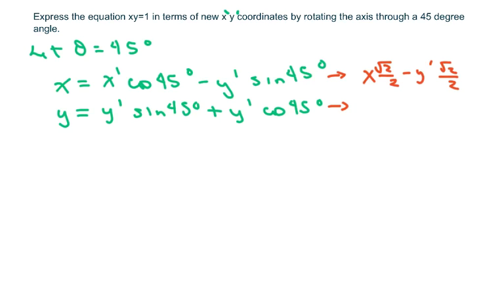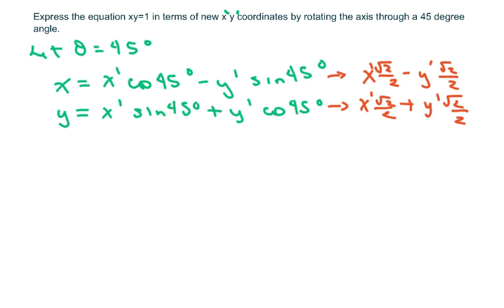And y will be the same thing but with a plus: x prime square root of 2 over 2 plus y prime square root of 2 over 2.